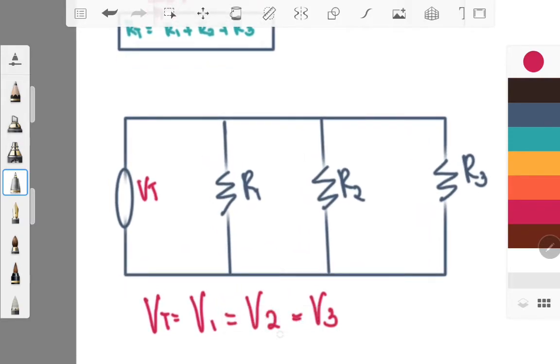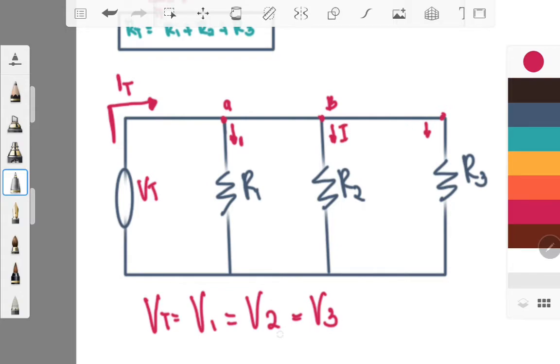Take note that your parallel resistance follows the rule of the conservation of charges, wherein your I total input should be equal to your output. Didistribute lang yan. Okay? So, you have your I1 going to, let's say, node A, and then I2 going out to node B, and then your I3 going out to node 3.